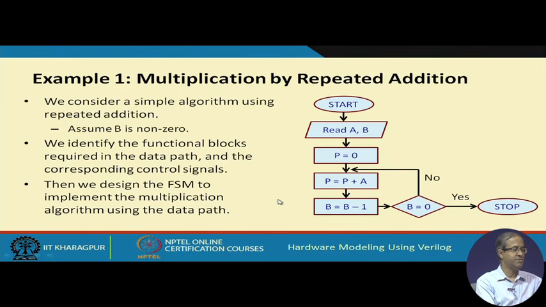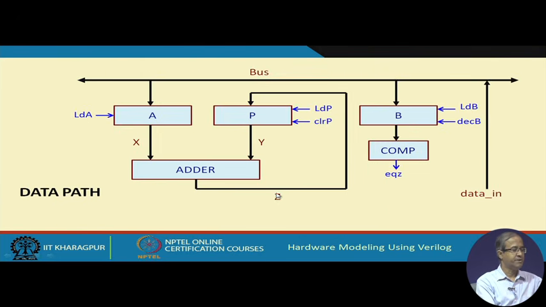Let us see this one by one. First, we have to read A and B from outside. The values of A and B I am assuming are supplied from outside through an input called data in. This is my A register, this is my B register.